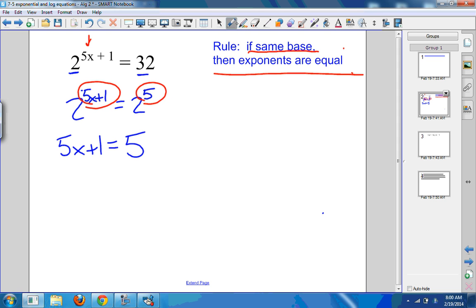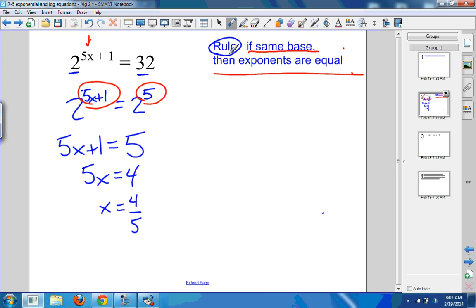And this is a really easy problem to solve. To get x by itself, you have to subtract 1 from both sides. So I get 5x equals 4. And then the last step would be to divide by 5. If I divide both sides by 5, I get x is equal to 4 over 5. So remember this rule here: if we have the same bases, then exponents are equal.